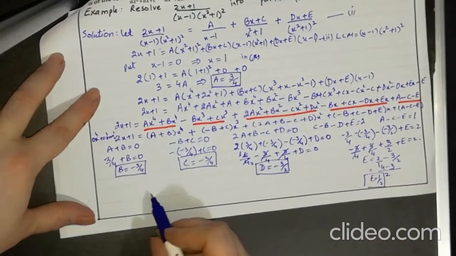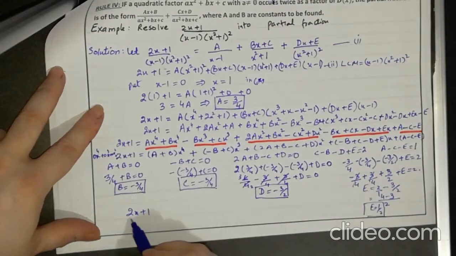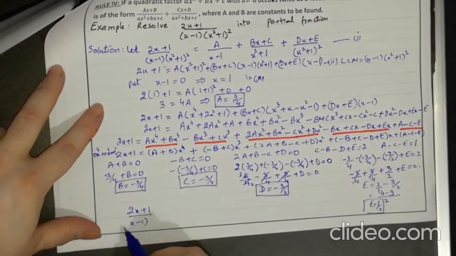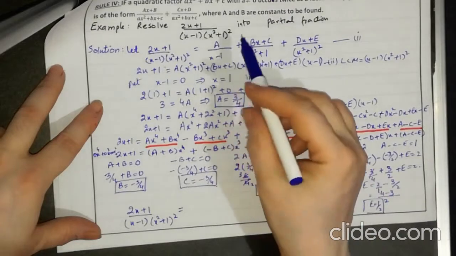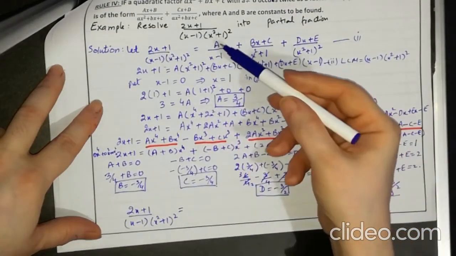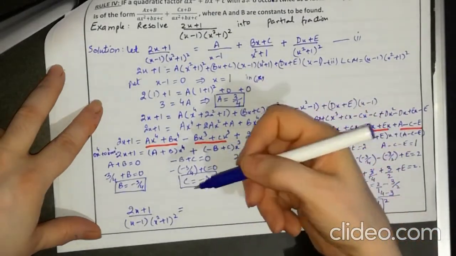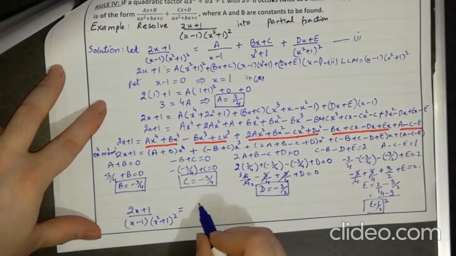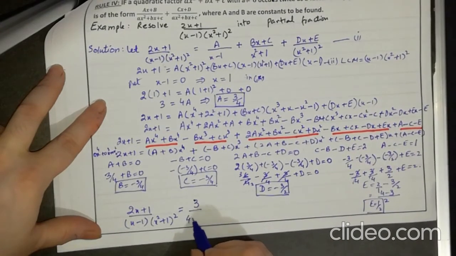So now our partial fractions: (2x plus 1) over (x minus 1)(x square plus 1) whole square. Let's put the values of a, b, c. Here a is 3 by 4, so we write 3 by 4 over x minus 1.